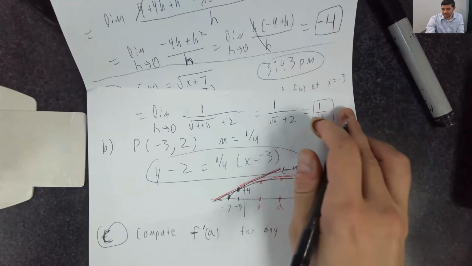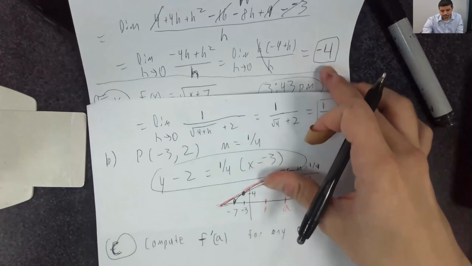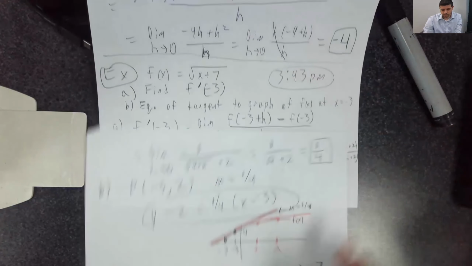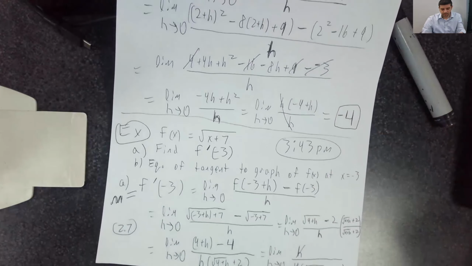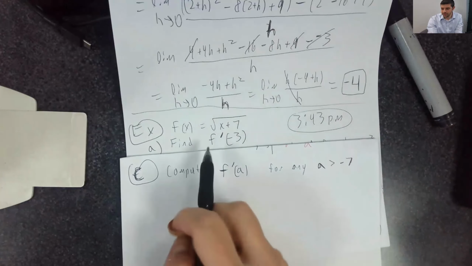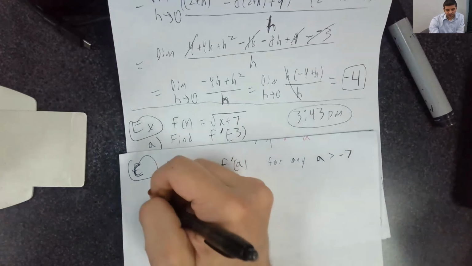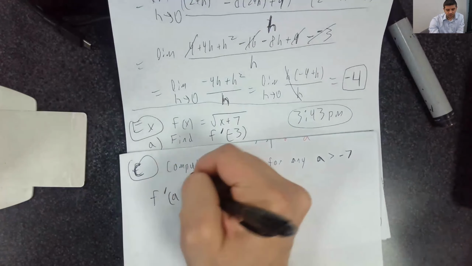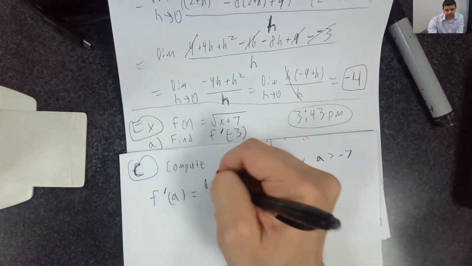So what do you guys have to do for that? Right, so it's still this function. We're still using this. So f prime of a, just you don't plug in -3 when you do this.